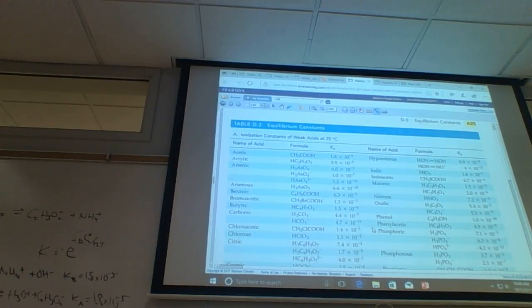I have my ammonia, my acetic acid, my ammonium, my acetate. But I have too much stuff in there. I have to get rid of the hydroxide, the hydronium, and the two waters. How can I get rid of them? Have you seen that before? Two waters forming a hydroxide and a hydronium is equal to what?